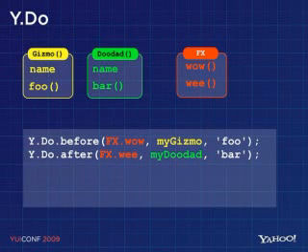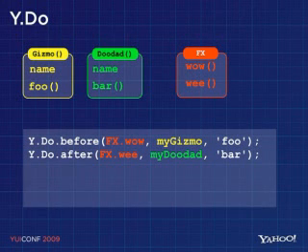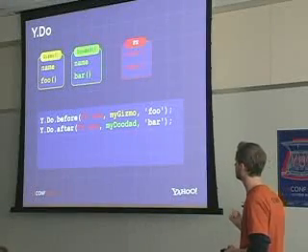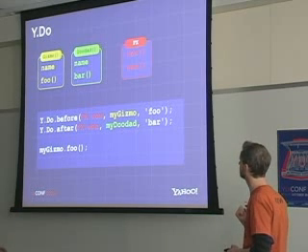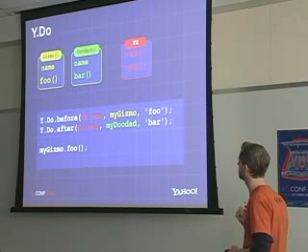So I call Y.Do.before. The first argument is the method I want to execute, or the function rather. In this case, it's fx's wow method. Then I'll pass in my gizmo instance, and then a string representative of the method on gizmo that I want to run this code before. The first time I execute my gizmo's foo, what it's going to do is call wow, and then it's going to call original foo.